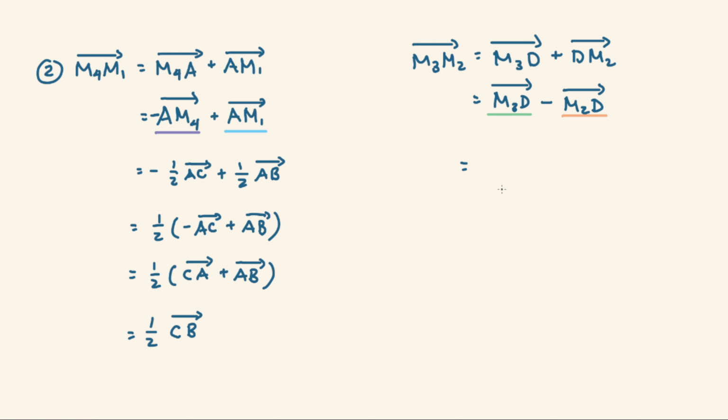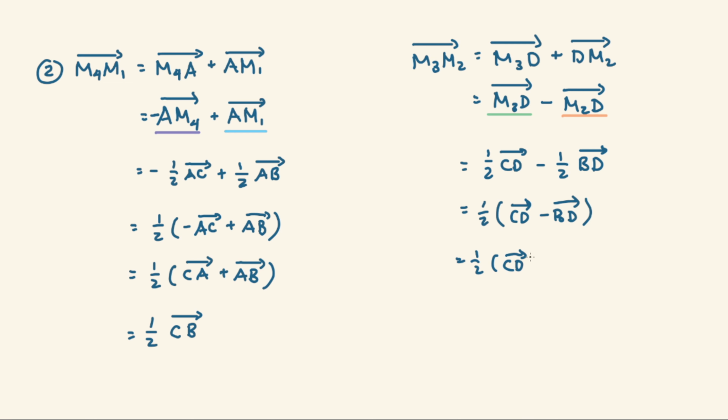So M3D, we'll rewrite that as 1/2 CD minus this M2D, we can rewrite that as 1/2 BD. And now we factor out the 1/2. We've got CD minus BD. And because of that negative sign, we could just flip that vector and switch that negative to a positive.